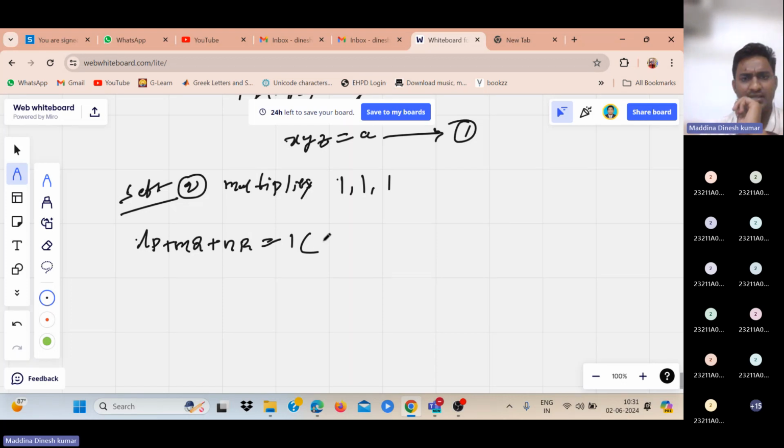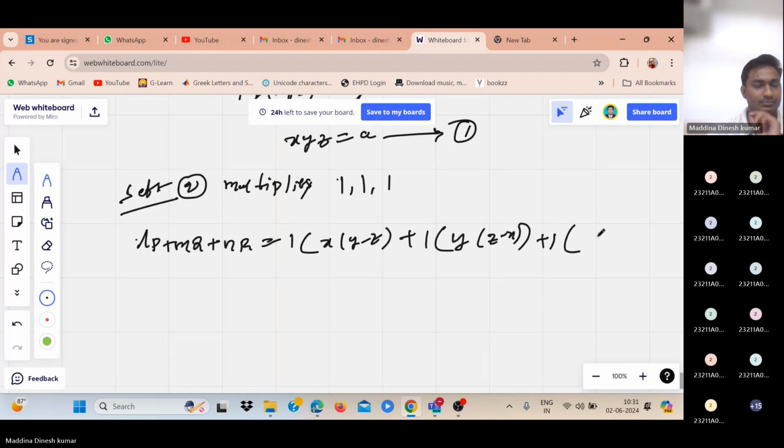P is X into Y minus Z. M is 1. Q is Y into Z minus X, plus 1 into, here capital R, na, capital R, Z into X minus Y. Okay.